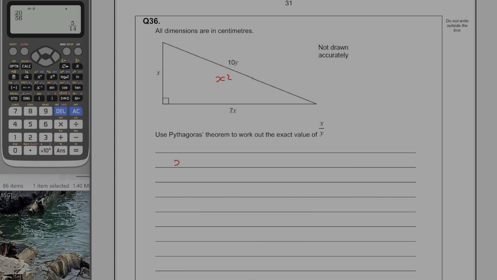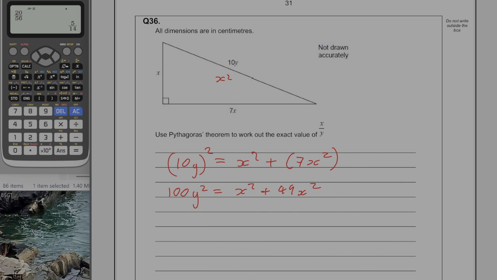I'm going to say that 10y squared is going to be equal to x squared plus 7x squared. So that's going to give us 100y squared is equal to x squared plus 49x squared.